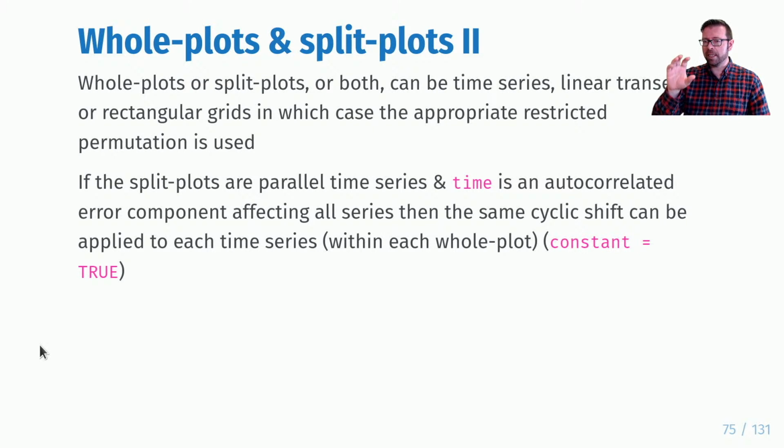So we should use the same cyclic shift in each of those whole plots to the within ones, right? So we can just apply the same one, and that's using an argument called constant equals true. And if you do that, then this is just more respecting the fact that the observations experience the same time rather than them being essentially at random times.